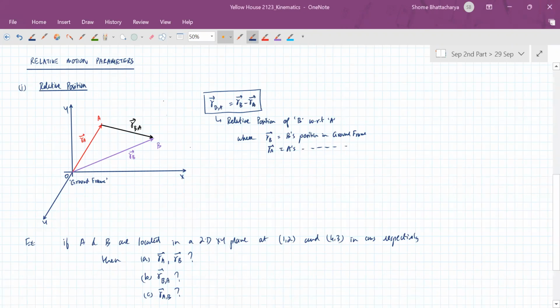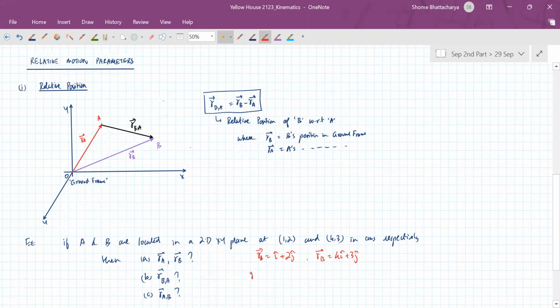Right. So even without drawing a diagram, you can understand here that the position of A in the XY plane, which is the ground frame, will become i cap plus 2j cap, and the position of B will become 4i cap plus 3j cap.